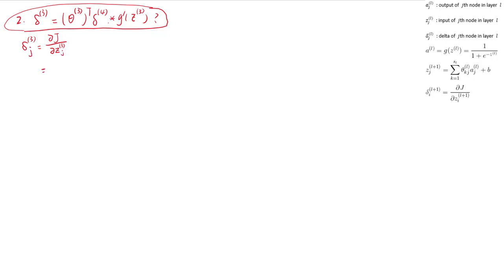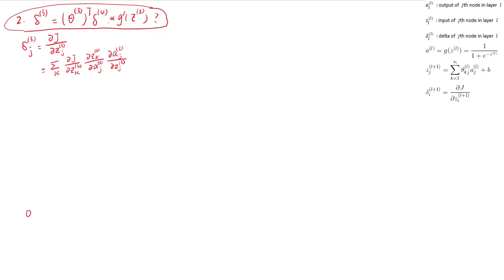So this one, using the chain rule as well, can be written as partial J over partial z4k, times partial z4k over partial a3j, and then partial a3j over partial z3j. I want to talk a little more here to help you understand why there is a summation here.